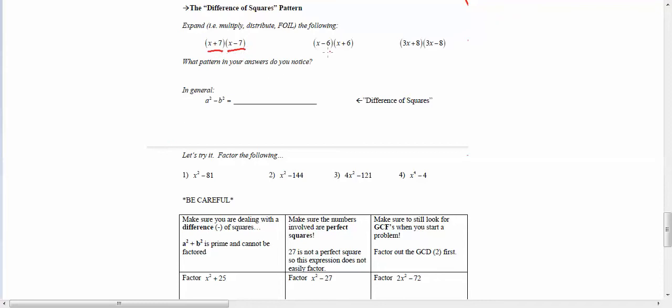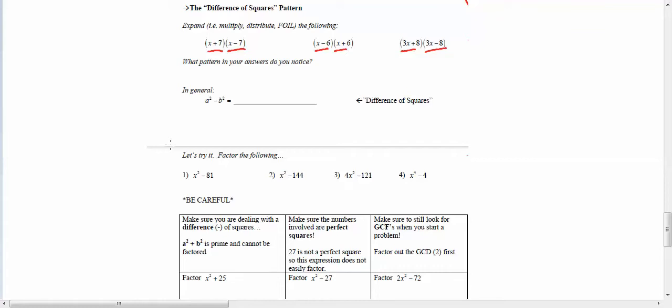I do want you to notice something about these particular kinds of things that I'm asking you to FOIL. Is there anything special about that? Good. I like it. They all have the same numbers exactly.